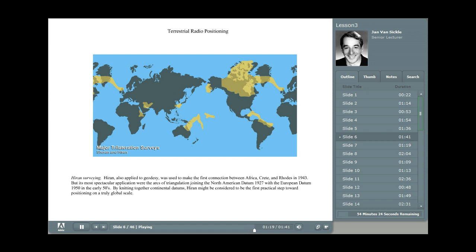But before intercontinental connections were made, this really wasn't necessary or taken seriously. So one of the forerunners of GPS is simply the mindset of thinking of the datum being a Earth-centered and Earth-fixed system.